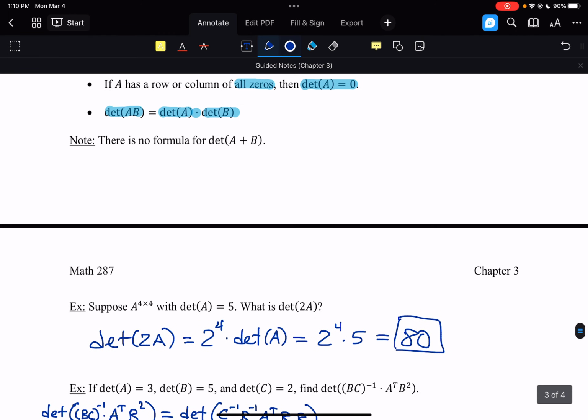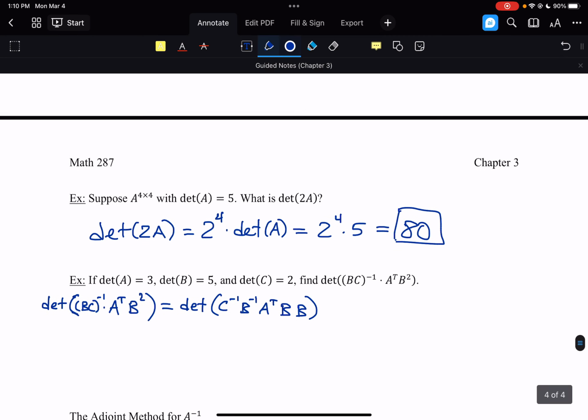Now we know that the determinant of the product is the product of the determinants. So we can go ahead and split this into individual determinants.